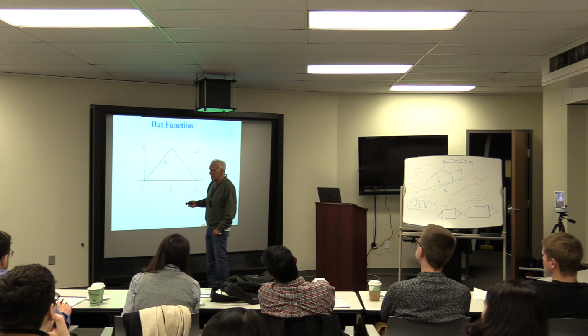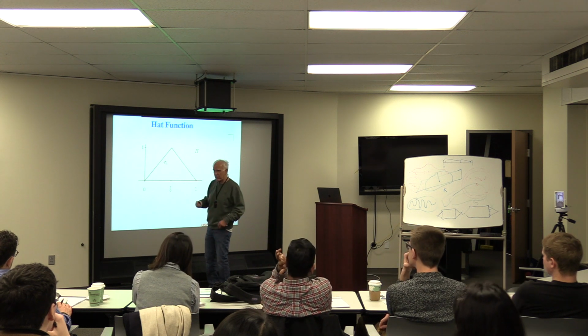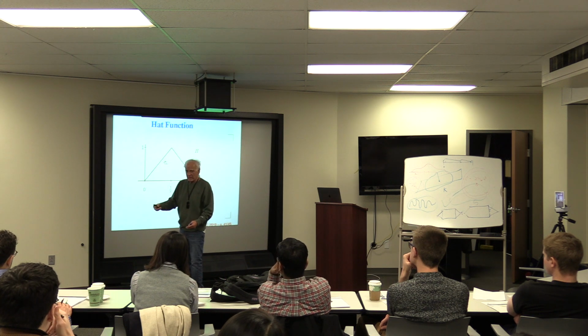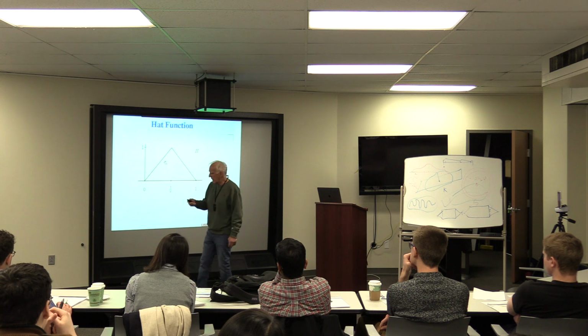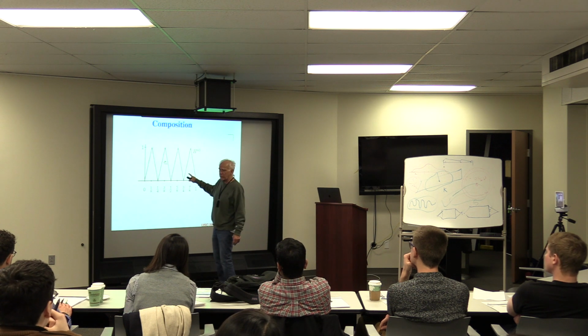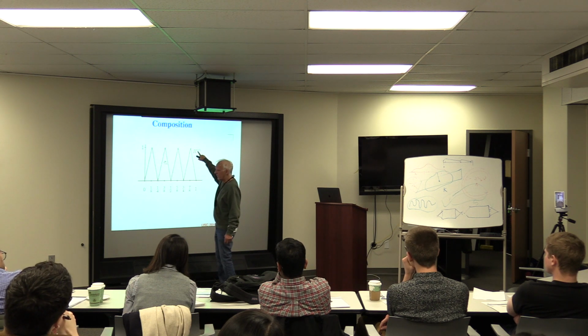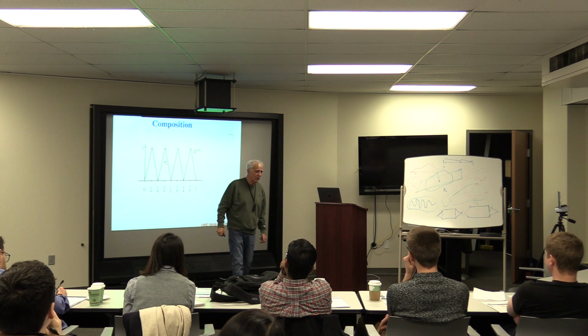Okay, now I compose this function. If I compose this function with itself, I apply h to h. I take h of x. These functions map 0, 1 into 0, 1, so I can compose them. If I compose it, let's say 3 times, h cubed, this circle thing means compose. 3 times, h of h, I get this sawtooth guy, right?